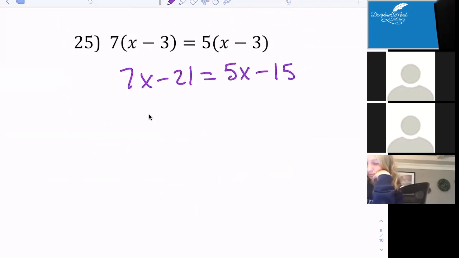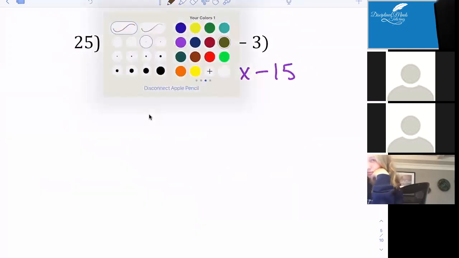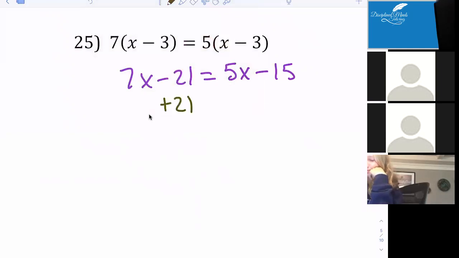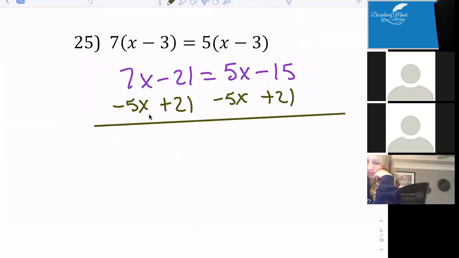And then plus 21 plus 15 and minus 5x and minus 5x. So 2x equals 6. And then yes. Good. x equals 3. Nice. All right.